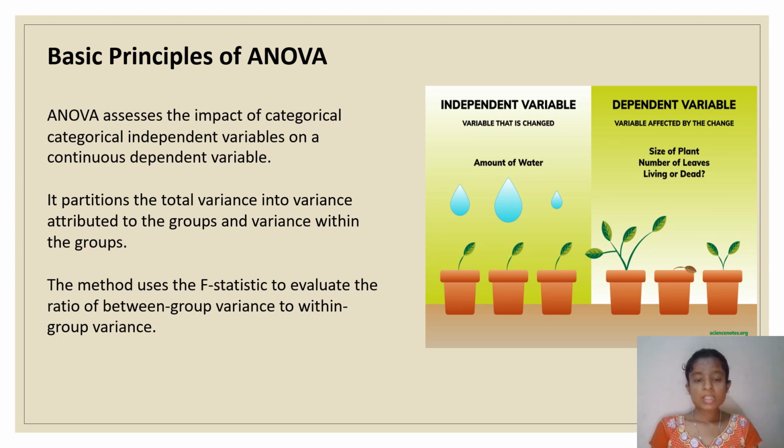It partitions the total variance into variance attributed to between groups and variance within groups. The method uses the F statistic to evaluate the ratio of between-group variance to within-group variance. The dependent variable is the one affected by the change in the independent variable.